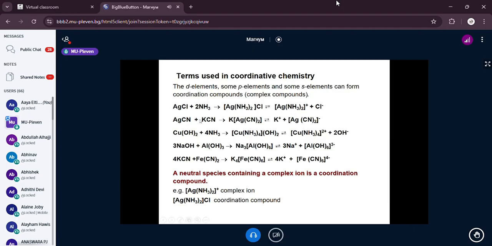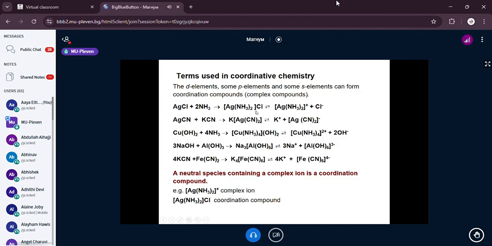You can see if these two compounds, silver chloride and 2 molecules of ammonia, interact, a coordination compound is formed.